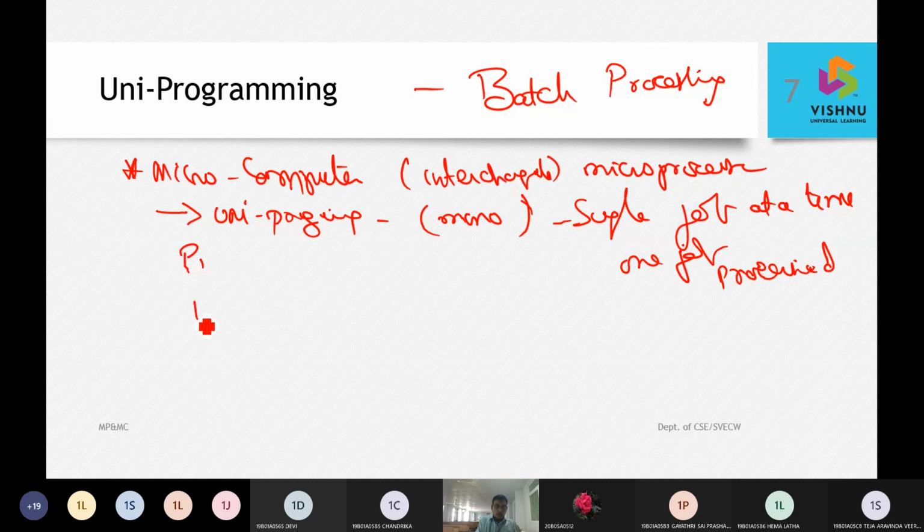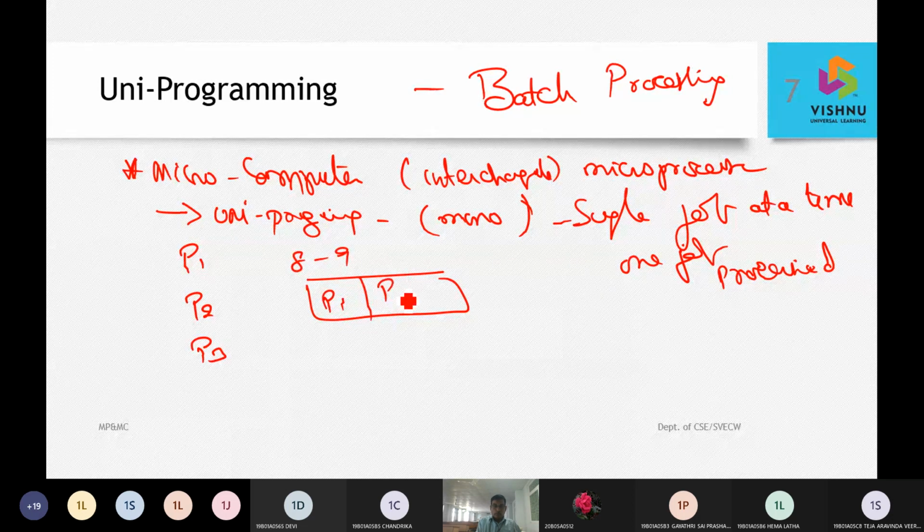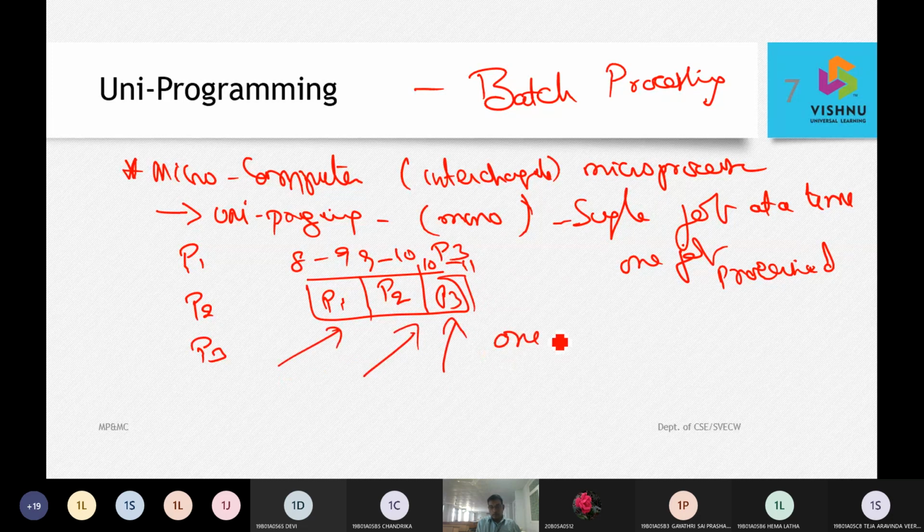So I have process 1, process 2, process 3. P1 will start from 8 to 9, P2 will take up from 9 to 10, and P3 will move from 10 to 11. In this way, we have one job after another, one job after another. So that is what we call a batch processing concept.